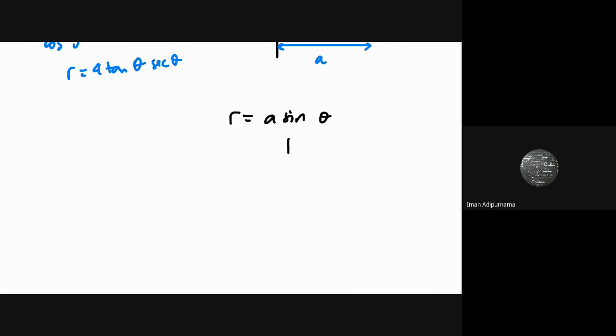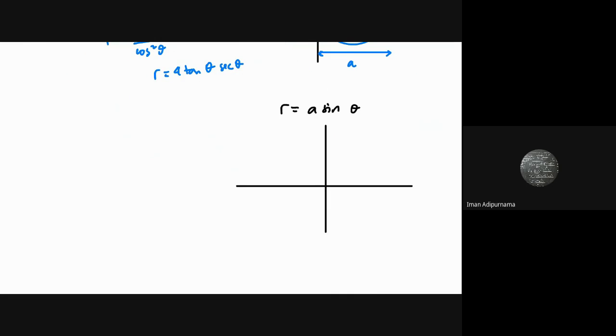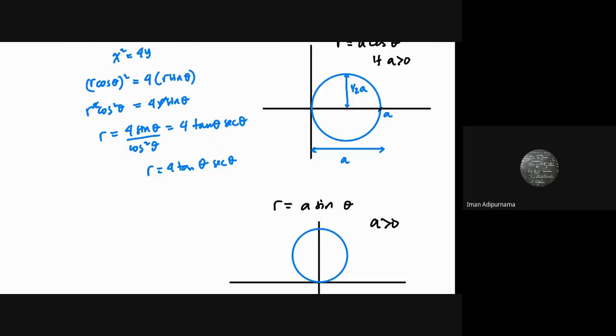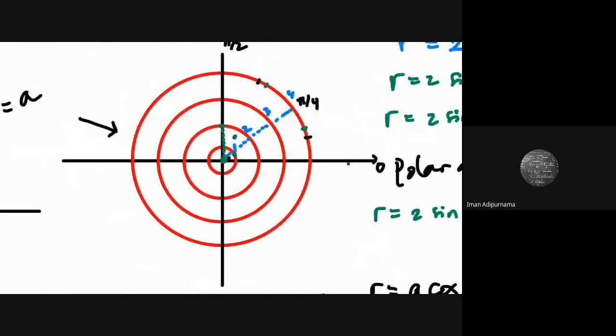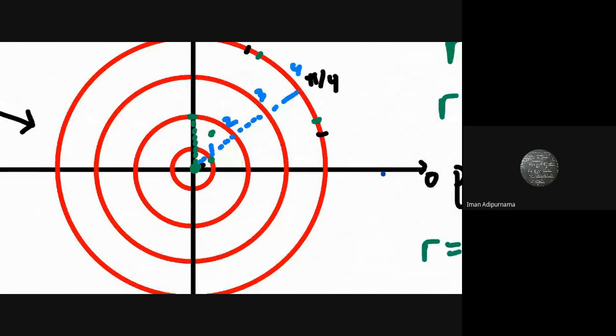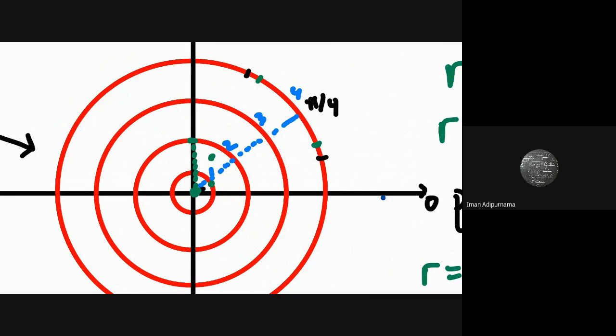If sine, then we start from here. This is if a is positive. So if we draw this part here, what we are going to have is actually like that. We connect all the points.